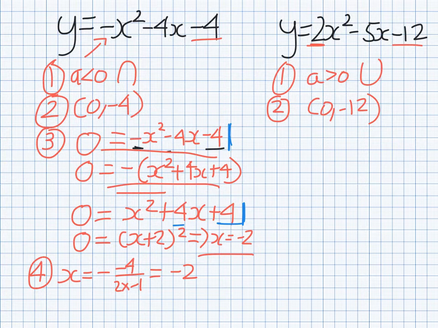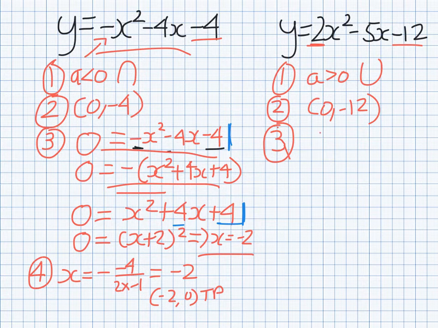If you substitute in x is minus 2 into this equation, you'll get y equals 0. So minus 2, 0 is the turning point. Here, the turning point, axis of symmetry, and x-intercept are the same thing. And that's no coincidence. If a parabola has one and only one x-intercept, that x-intercept will also be the turning point.